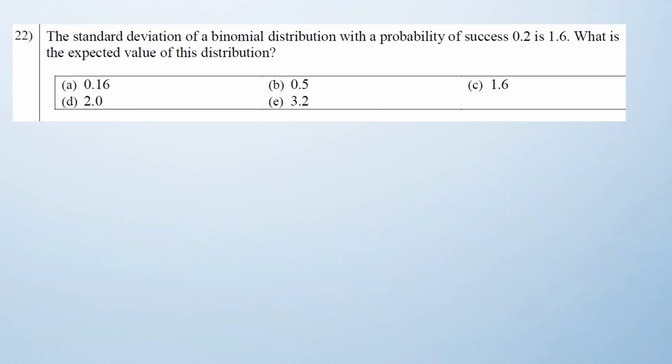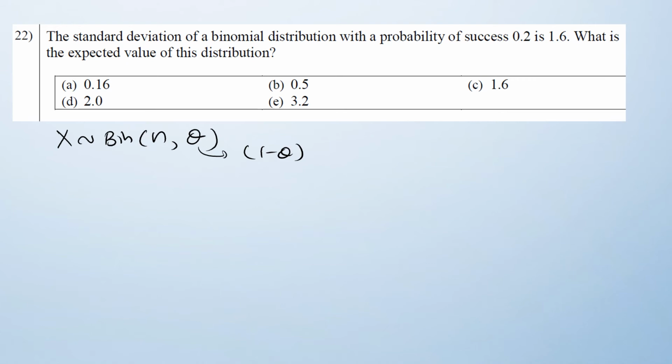Question number 22. Standard deviation of a binomial distribution. Binomial distribution means X is binomial with n trials and theta success probability. If so, the failure probability will be 1 minus theta.